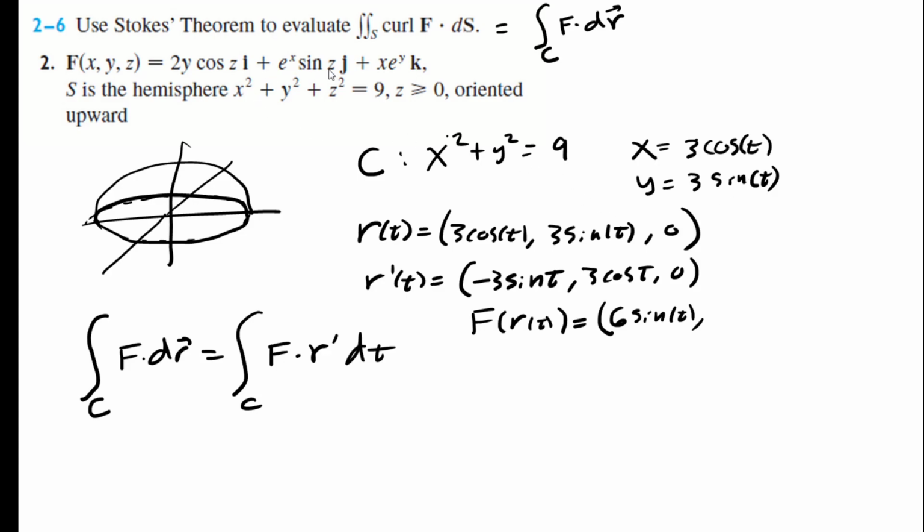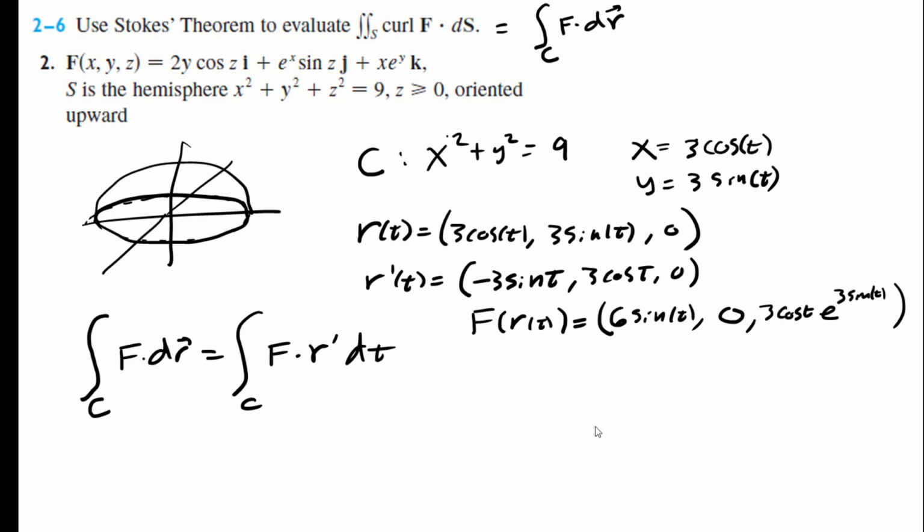Sine of 0 is 0, so the j component is going to be 0. And then we have 3 cosine t e to the 3 sine t.